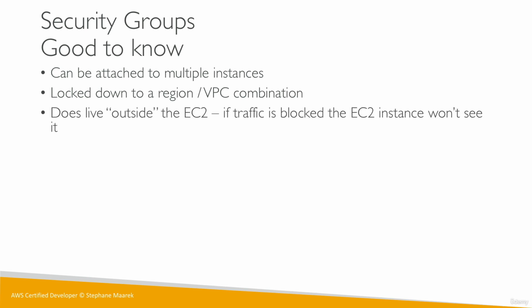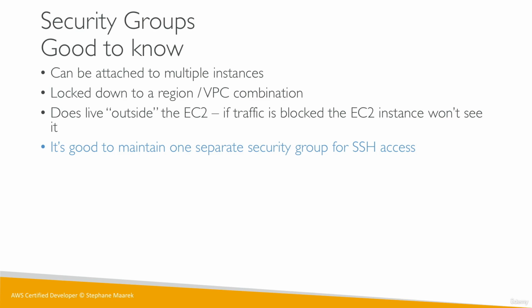The security groups live outside the EC2, so as I said, if the traffic is blocked, the EC2 instance won't even see it. It's not like an application running on EC2, it's really a firewall outside your EC2 instance. And just as advice from developer to developer, it's good to maintain one separate security group just for SSH access.